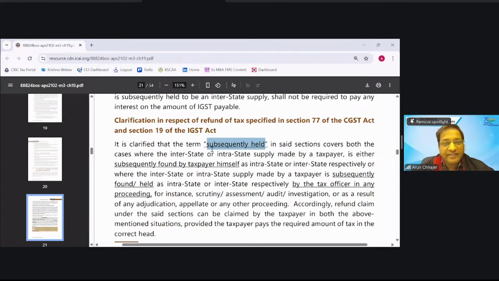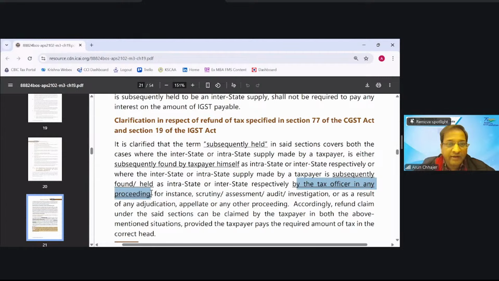It is clarified that term subsequently held cover both the cases where intrastate supply or interstate supply made by the taxpayer is either subsequently found by the taxpayer himself or subsequently found by the tax officer in any proceeding.